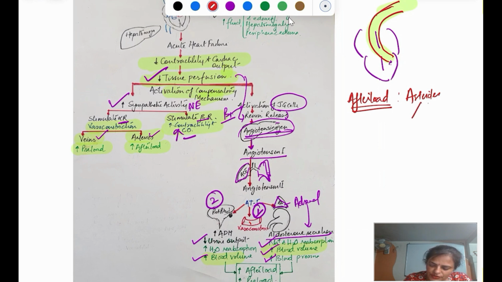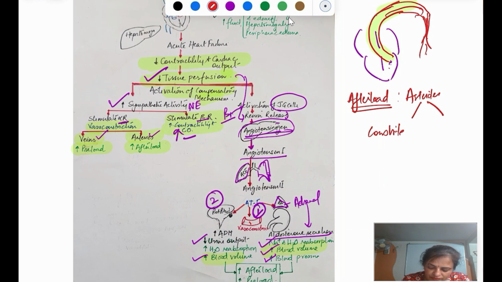So if the arterioles are constricted, if the heart is pumping blood from here, and if there is further constriction of the periphery, then the heart has to work more.